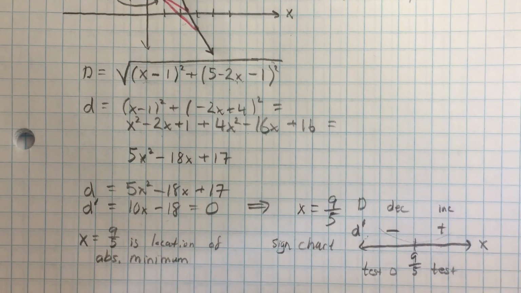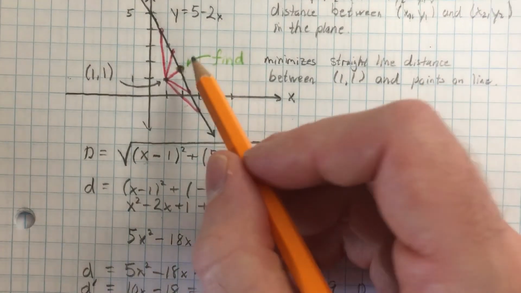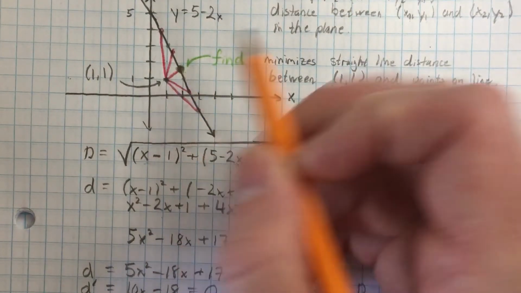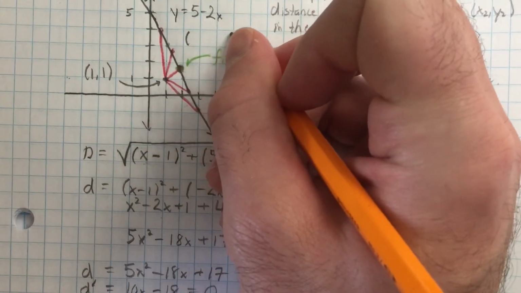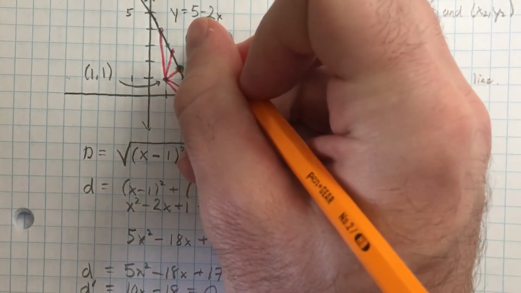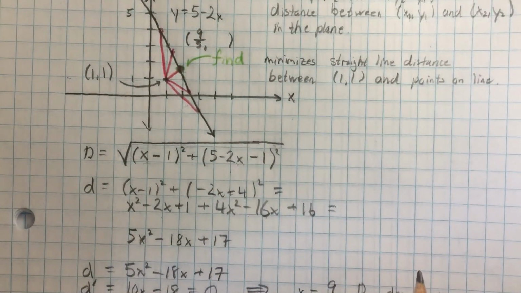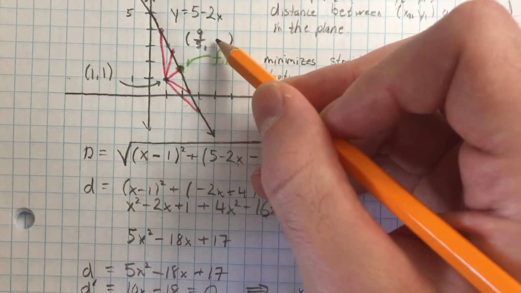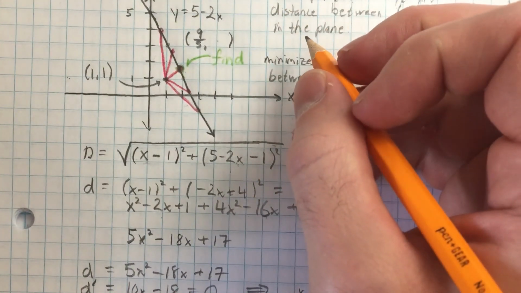All right, and so now we know the first coordinate of the point that will minimize the distance between the line and the point 1, 1. So we now believe that this point that I highlighted in green earlier is 9/5, comma something. The way to find 9/5's partner in the dependent variable is to plug it back into the line and see what you have.